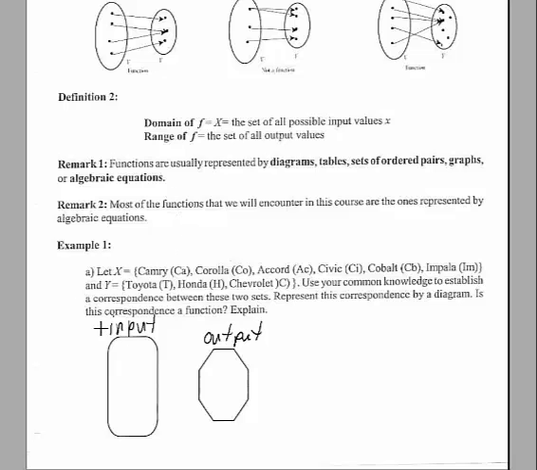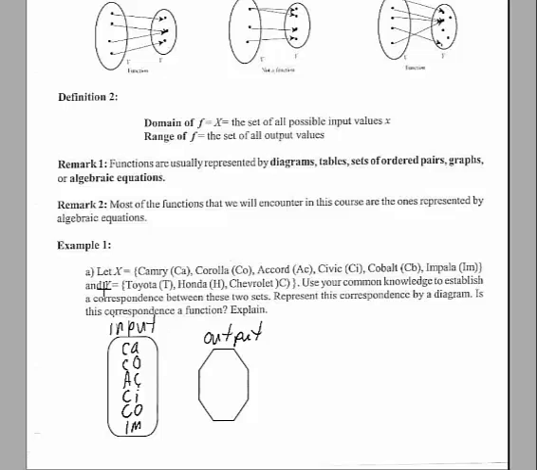We don't know whether this is going to be a function or not. I'll put my elements in my first set using the abbreviations: Camry, CA; Corolla, CO; Accord, AC; Civic, CI; Cobalt, CO; and Impala, IM.